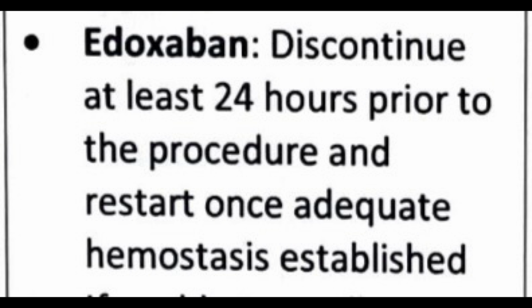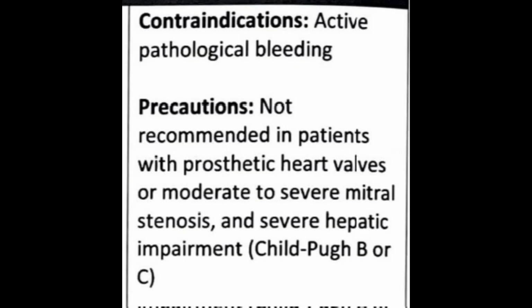You can DC Savaysa after the INR level is greater than 2. If a patient is getting ready to have a procedure, you want to make sure you stop taking this medication 24 hours before the procedure, just like Xarelto. This is a P glycoprotein substrate. You want to avoid use with dexamethasone.